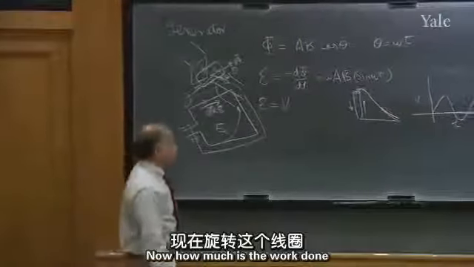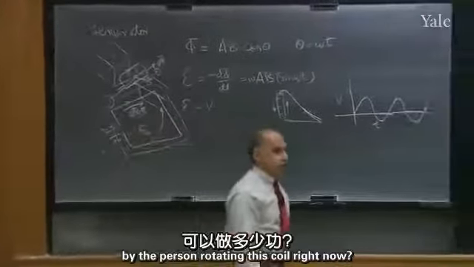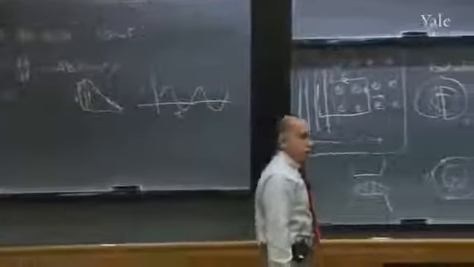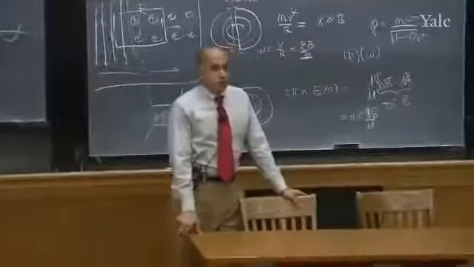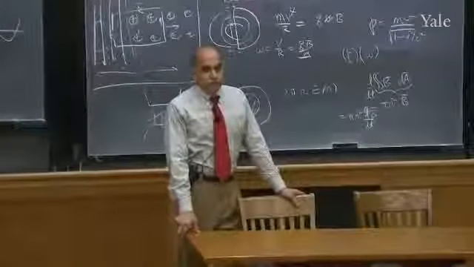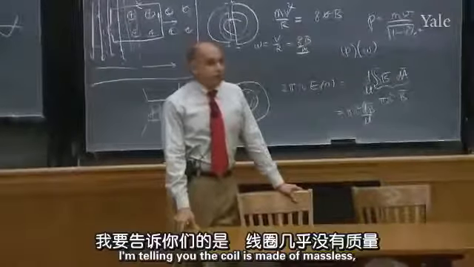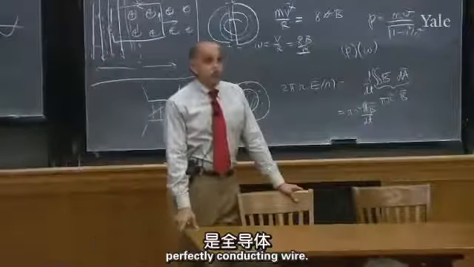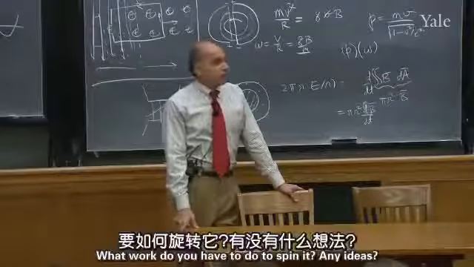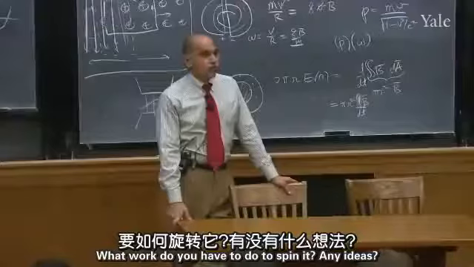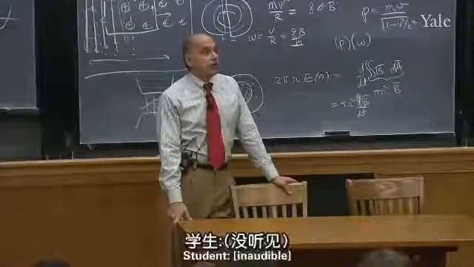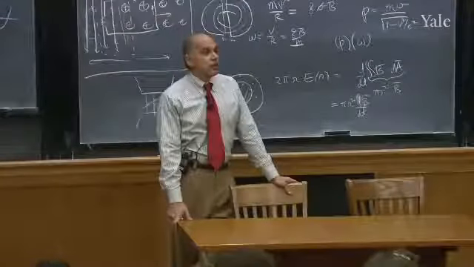Now, how much is the work done by the person rotating this coil right now? I'm telling you the coil is made of massless, perfectly conducting wire. What work do you have to do to spin it? Any ideas? The integral of dq.